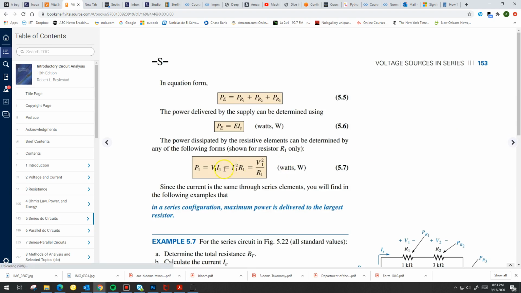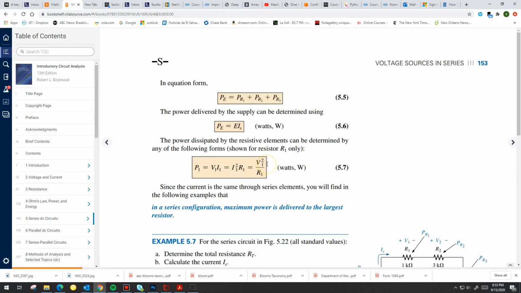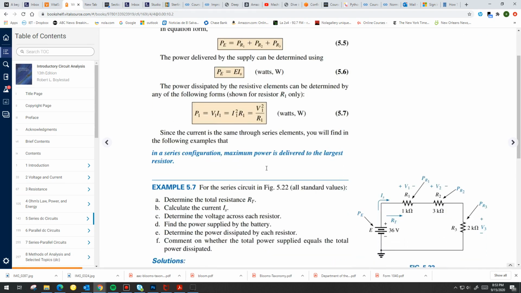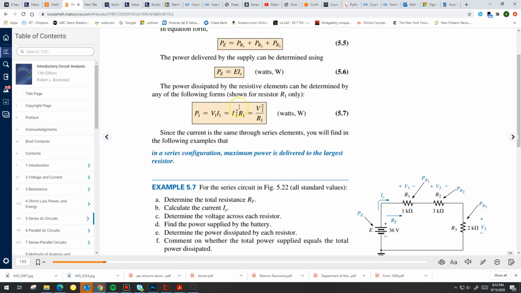Which is what this is. Or we can use any of the other equations that we know if we know the current or if we know the voltage. Same thing applies. So in a series configuration, maximum power is going to be delivered to the largest resistor. The largest resistor will get the maximum power. And again, you can see that from those equations here. So let's look at some examples.